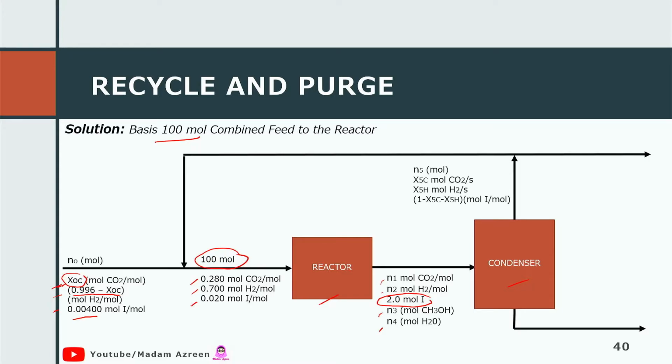Okay, and the composition of the recycle stream, okay, and the composition of the product, okay, the composition of the purge stream, as you can see here, this is the same composition, okay, same composition, but here the values of N5 and N3 represent the mole, which is different, but the composition is the same.